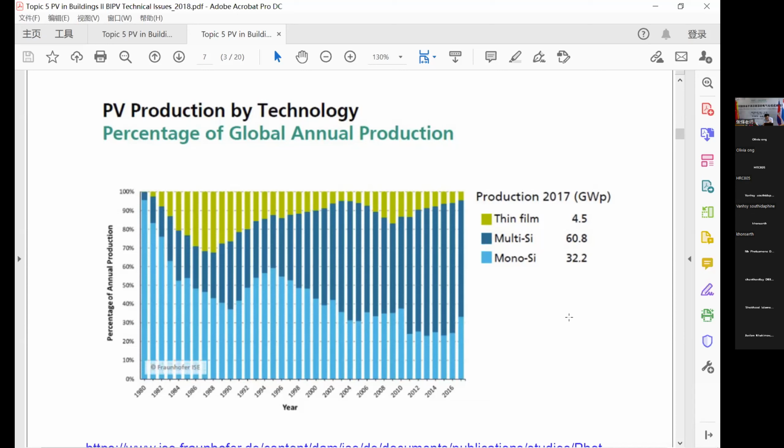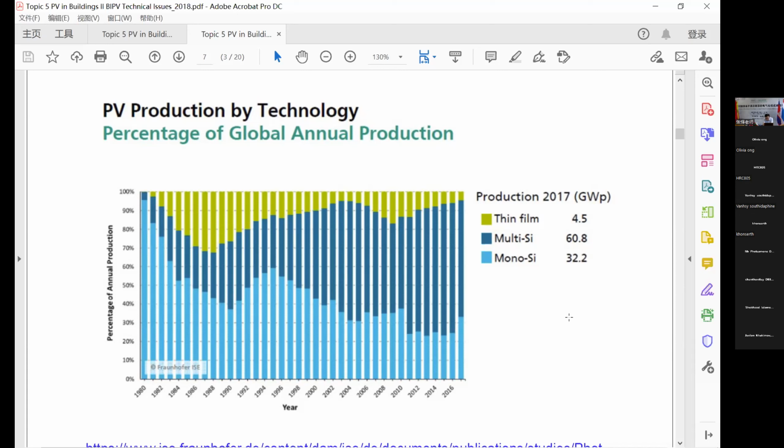And another reason is thin film has its own disadvantages, including low power conversion efficiency, and they have an obvious optical decay problem. These two are the key drawbacks of the thin films, which resulted in it significantly reducing, even though they have a flexible substrate, but that is not the point.